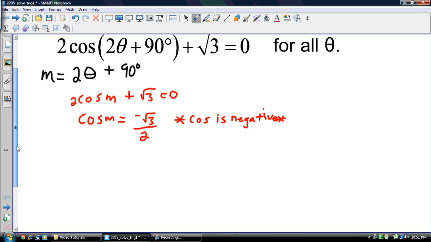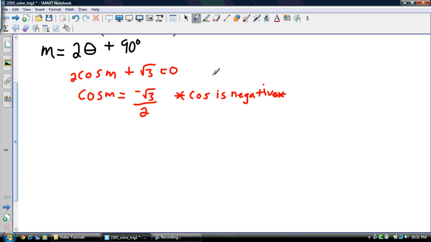Alright, next step. What we want to do with this is we want to find our related angle to this. So in order to find our related angle, my RA, related angle, is going to be equal to cos inverse of root 3 over 2. So remember your definition for a related angle.